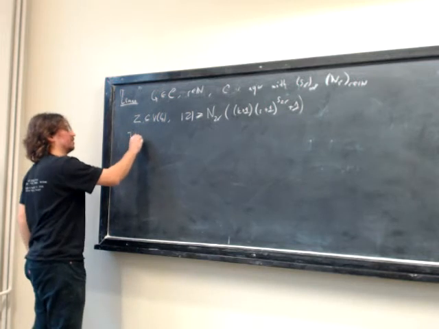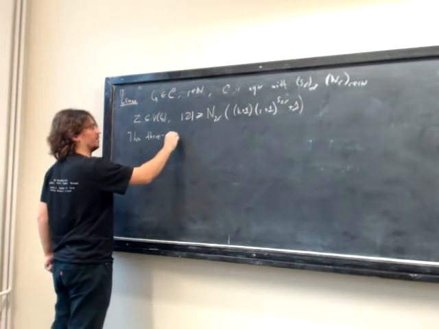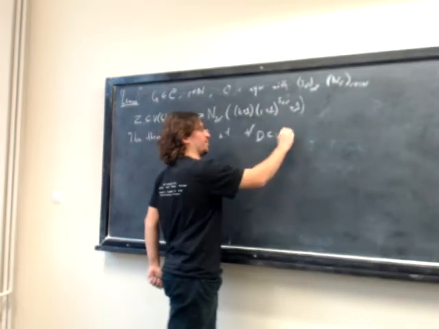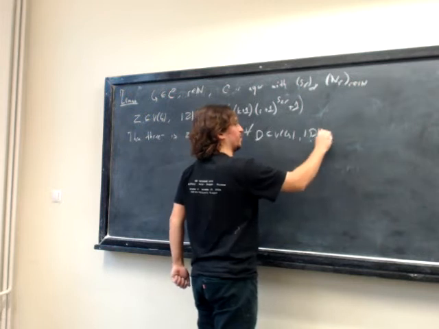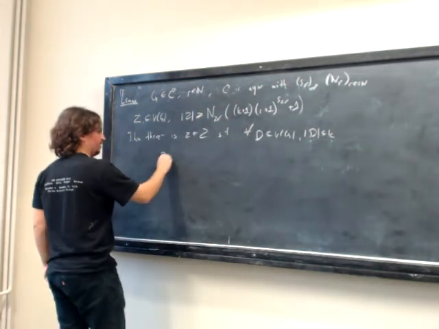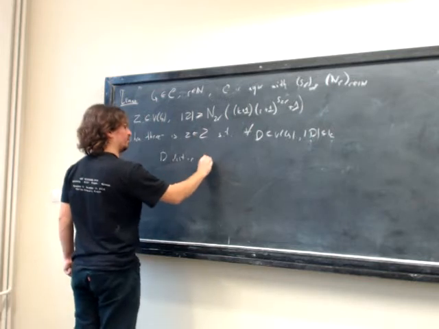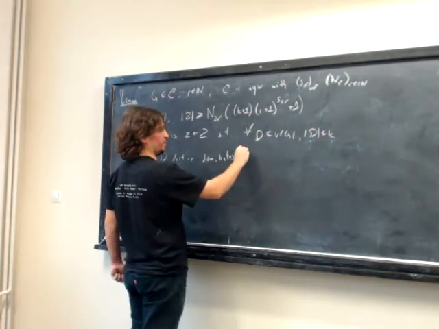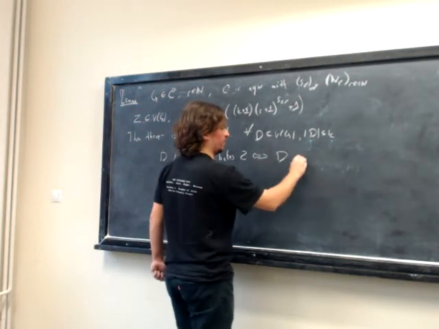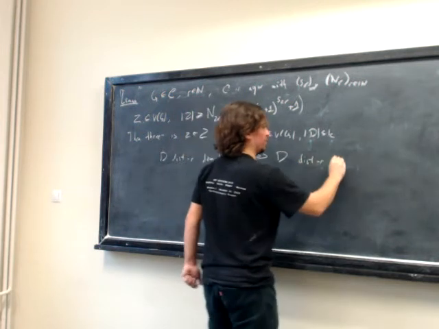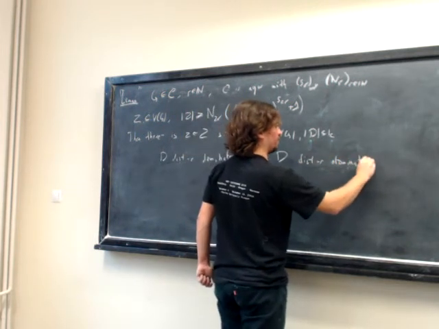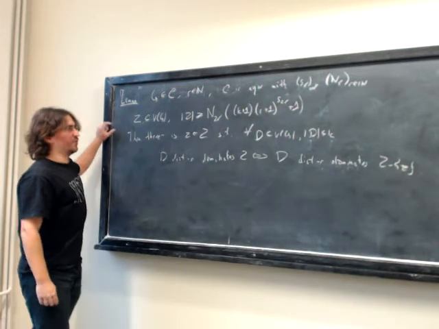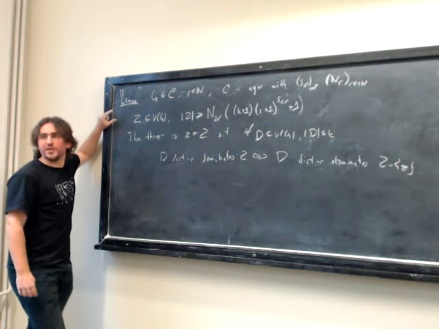Then there is z from Z such that for every D subset of vertices of size at most k, D distance R dominates Z if and only if D distance R dominates Z minus z. So this is a lemma that gives you a so-called irrelevant dominatee.